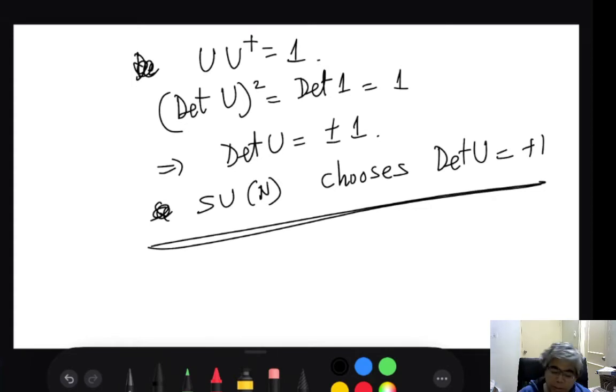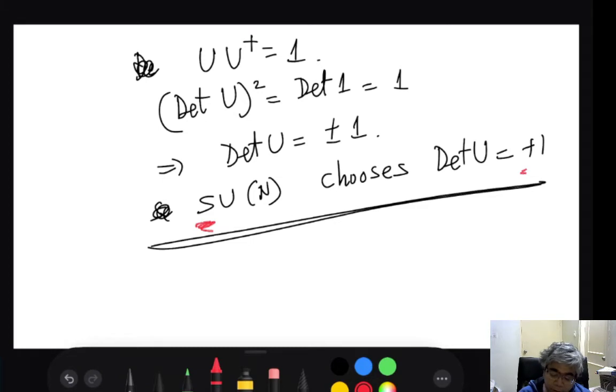And so this implies that det U is equal to plus or minus 1. Now, if you put in the special, the S here, that tells you that I am choosing this plus 1. Essentially, the choice of the determinant is further reduced, and this gives me the plus 1 here.